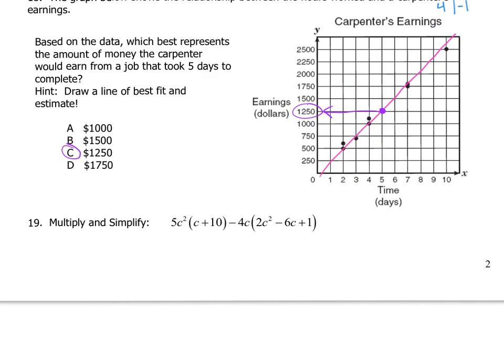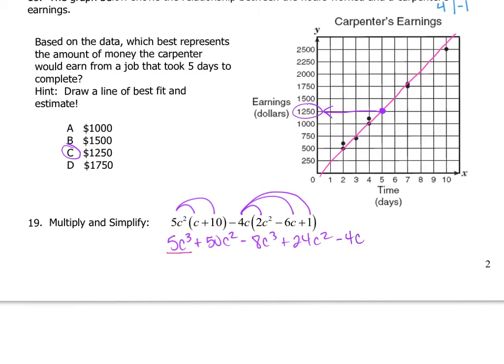Then 19, we just have to simplify. So I'm going to distribute. So that's going to be 5c cubed plus 50c squared. Then we're going to distribute again, -8c cubed plus 24c squared minus 4c, and then we have to combine any like terms that we have.